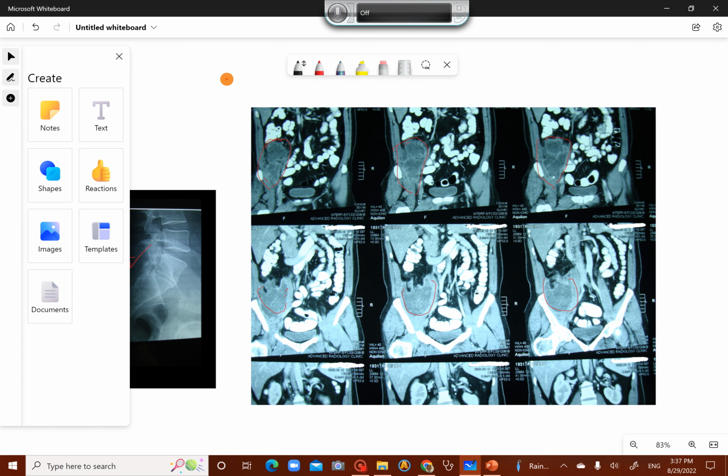This is the hepatic flexure, outlined because of the contrast. There's the descending colon. This is probably part of the small gut. These are the small gut loops.